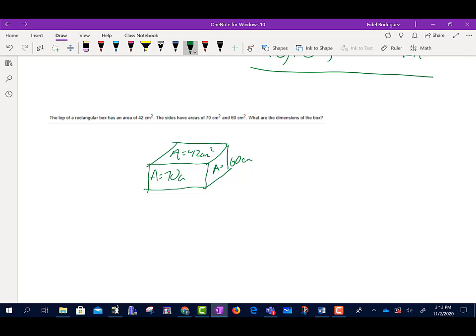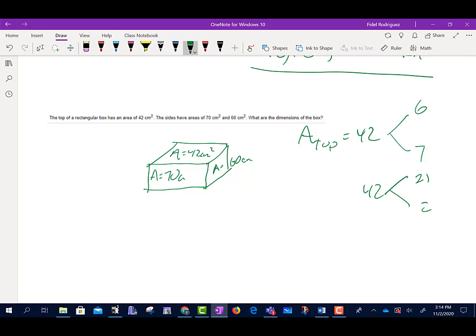So now I got to kind of see if I can figure out what's gonna go on here. Okay, so if I look at the top, I know the area of the top is 42. So I'm thinking about, what possible numbers could I use? I could use like 6 and 7. I might use something like 21 and 2, right? I'm going to have a whole lot of possibilities.